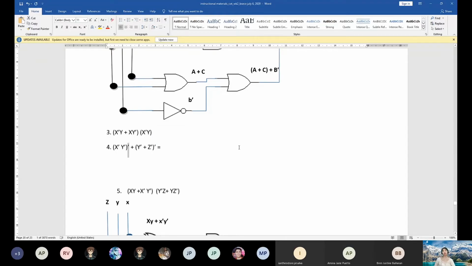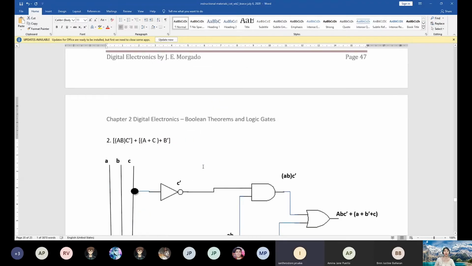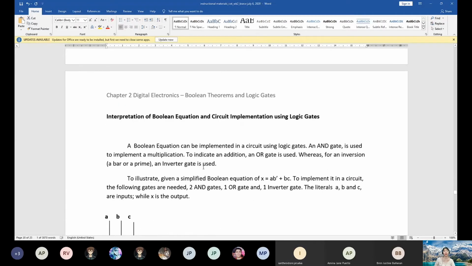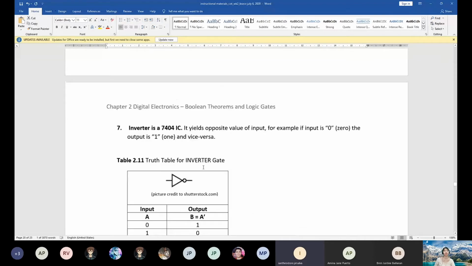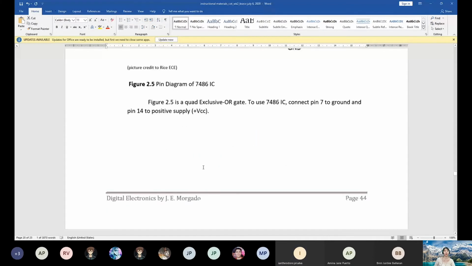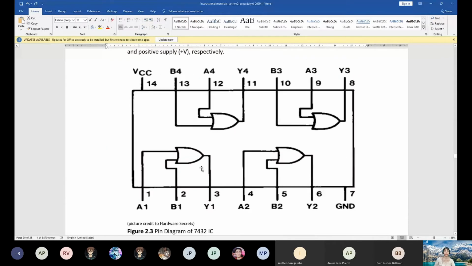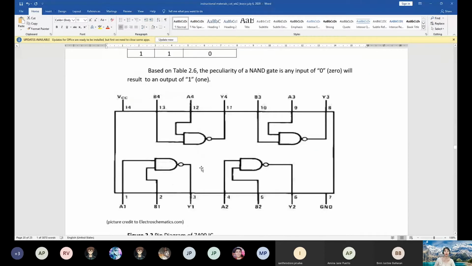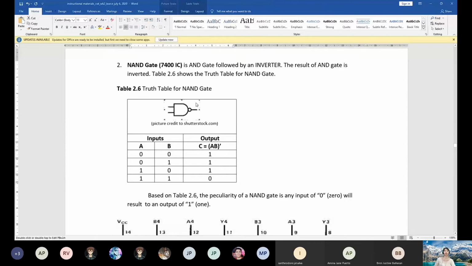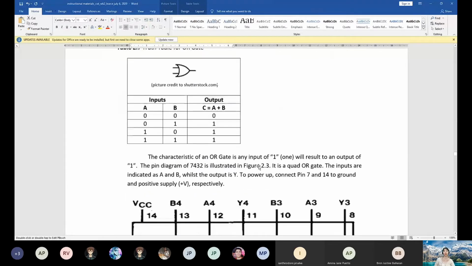AND gate plus inverter, the inverter is actually a NOT gate. So it's actually a NAND gate. So for number 4, we may use a NAND gate.